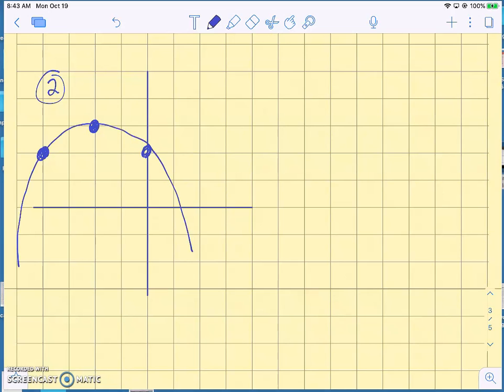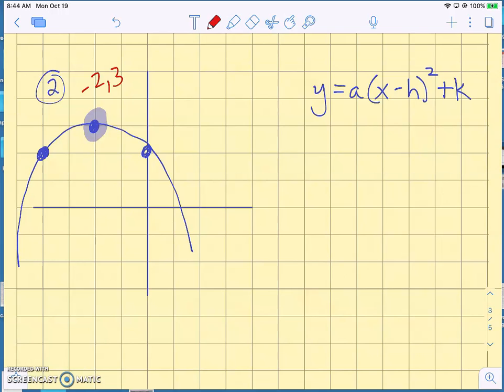So we have a nice wide one, and it's facing down. So again, I'm going to write that vertex form first. What's that coordinate of our vertex there? So let's see, that's -2, 3.